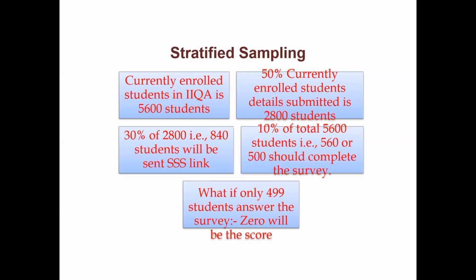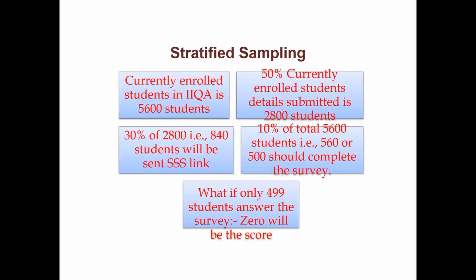So the first time, 30% of the students, that is out of 2,800, 840 students will be given the triple S link. But if the institution is not able to reach the minimum level response of 10% or 100, the remaining 70% students will be sent the link after 10 days.